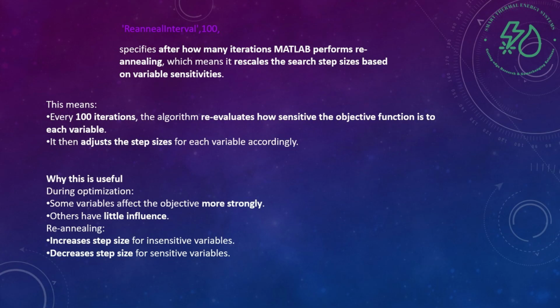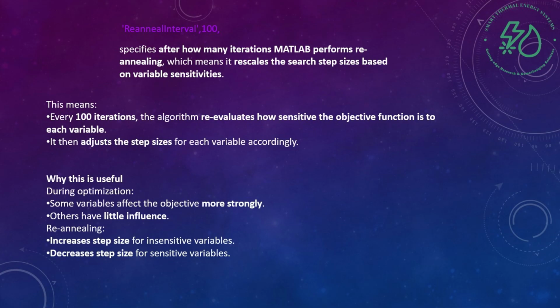What does it mean? It means every 100 iterations, the algorithm reevaluates how sensitive the objective function is to each variable. It then adjusts the step sizes for each variable accordingly.